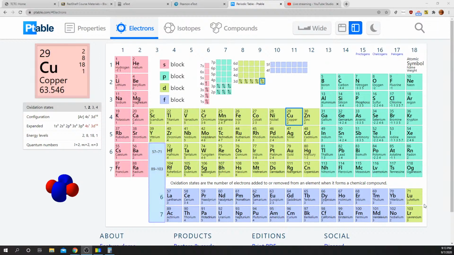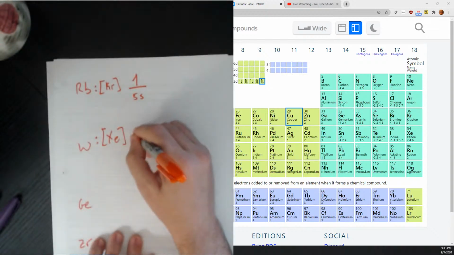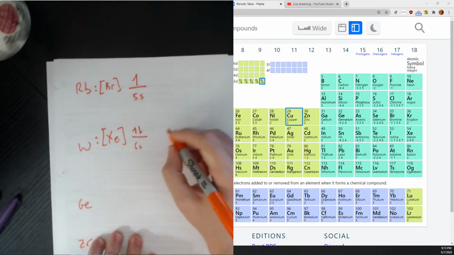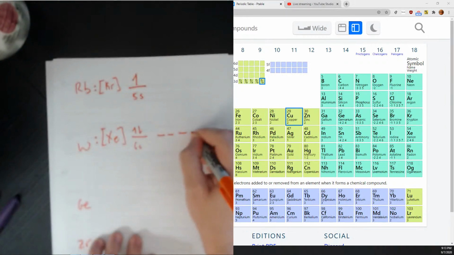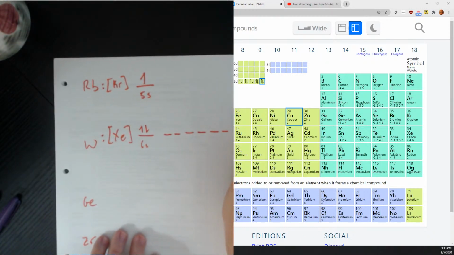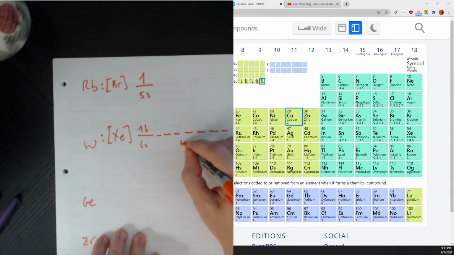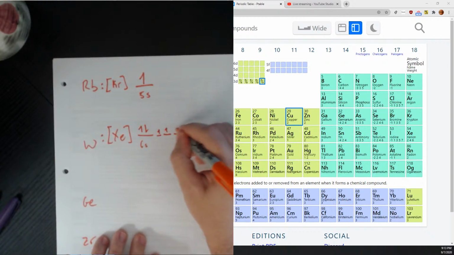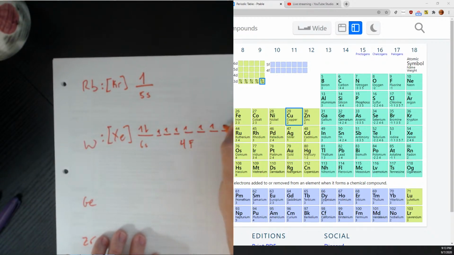And don't forget the F block there in the middle. So, 6s, one up, one down. 1, 2, 3, 4, 5, 6, and 7. That's 4f. 1, 2, 3, 4, 5, 6, 7. 1, 2, 3, 4, 5, 6, 7.